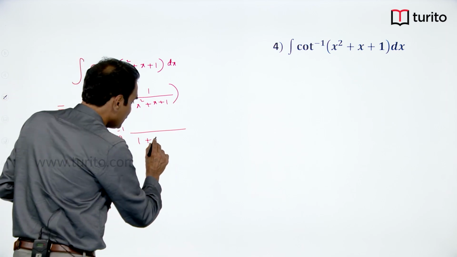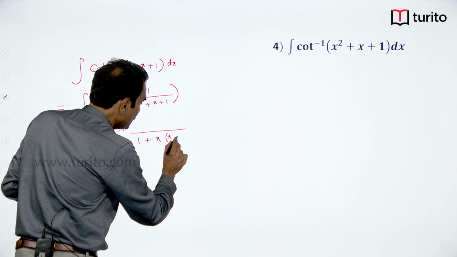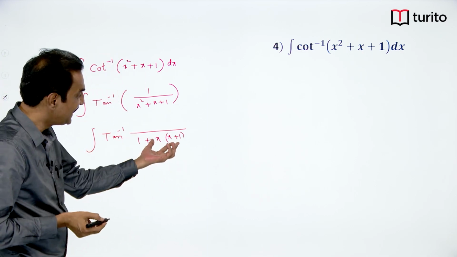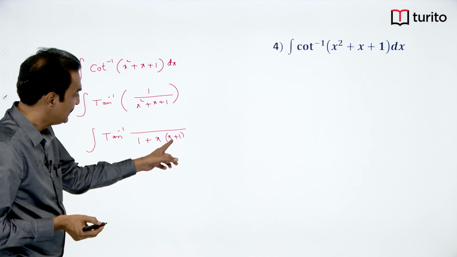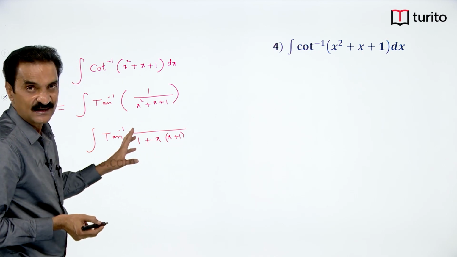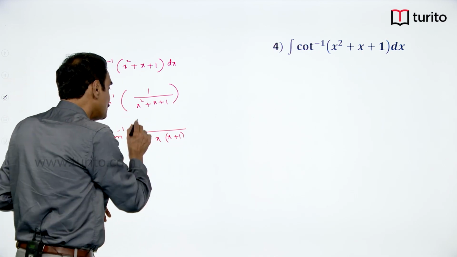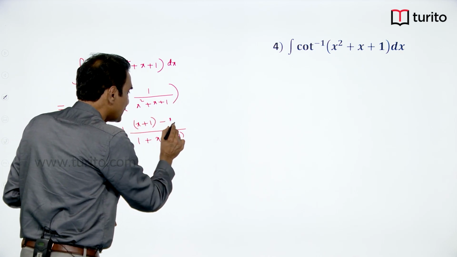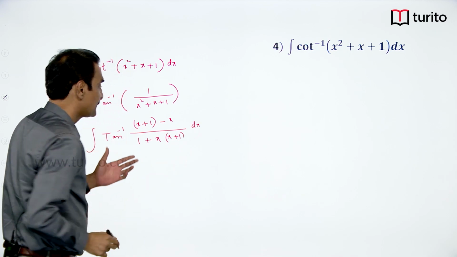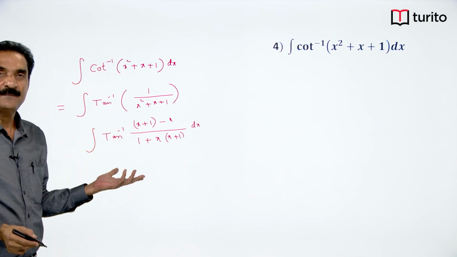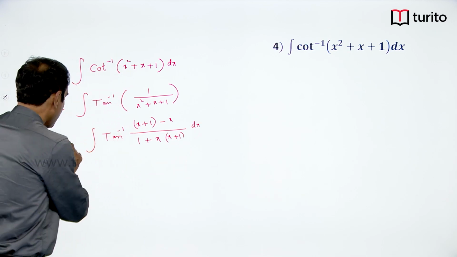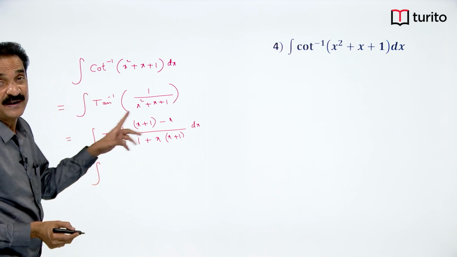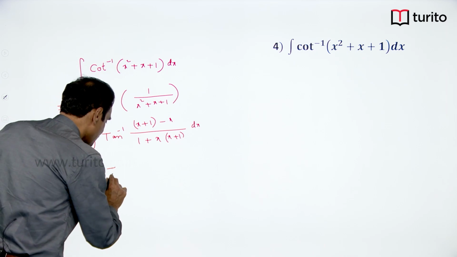Taking x common, you will get x into x plus 1. This is 1 plus xy. So, you can easily identify x and y. You can take x plus 1 and x as x and y. Then we can write numerator 1 as x plus 1 minus x. Then apply the formula. It will be tan inverse x plus 1 minus tan inverse x.